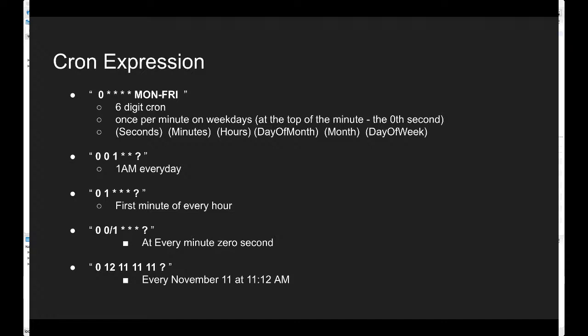Now let's see how we can read it. So this means Monday to Friday. So this means it will only run on Monday to Friday, like weekdays. Now the month is star, means every month. Day of month is also star, so every day basically. The third one is hours, also star, so every hour, and the second one is also star, that means every minute.